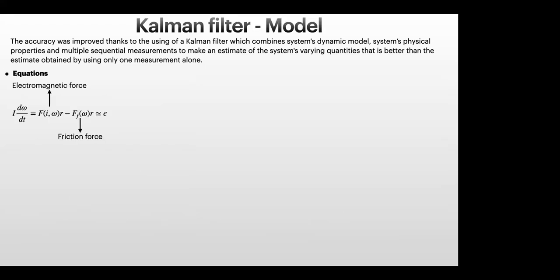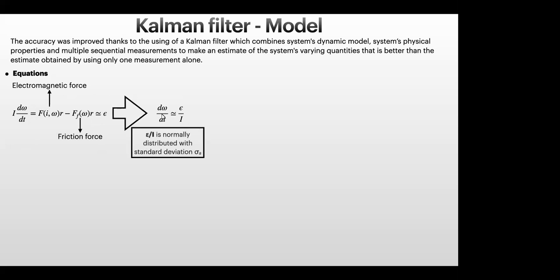To implement this filter, we need a dynamical model of our system, but the dynamical model is very simple. As I showed before, we have the electromagnetic torque and the friction torque. When the system is stable, the angular velocity variation, so the acceleration, is approximately 0. So these two contributions are approximately equal.